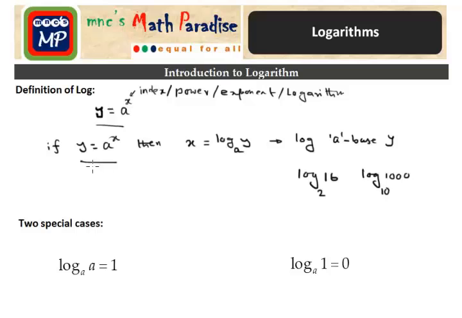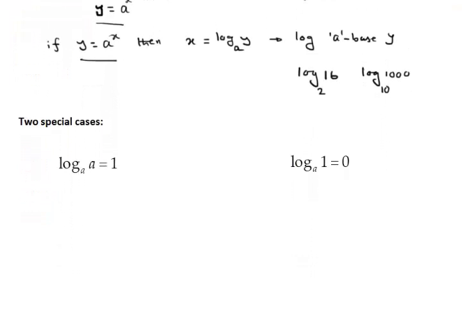Now, based on this definition, we will see two special cases here. The first is log a base a, that is if the base and the value are the same, then the log's value is 1. Let us prove it. If y equals a to the power x, then we can write x equals log a base y from the definition.